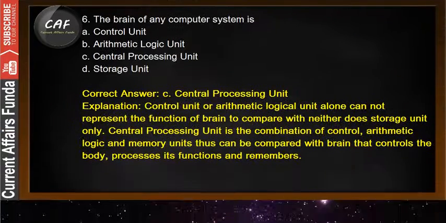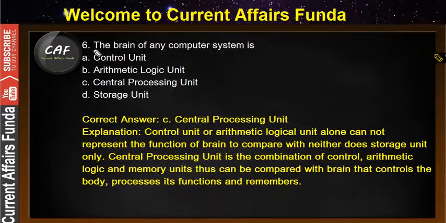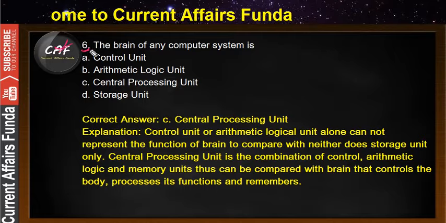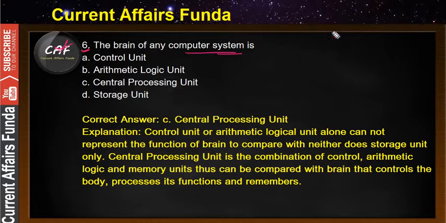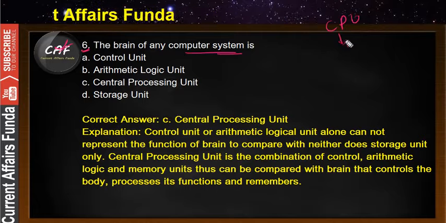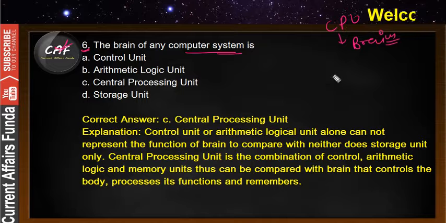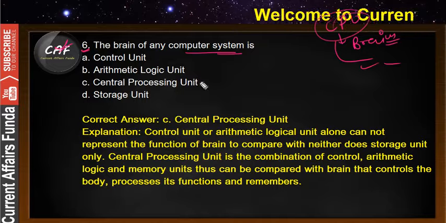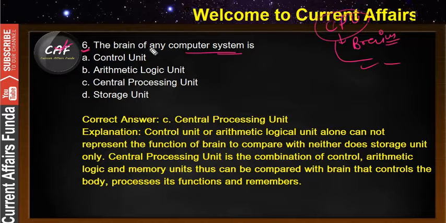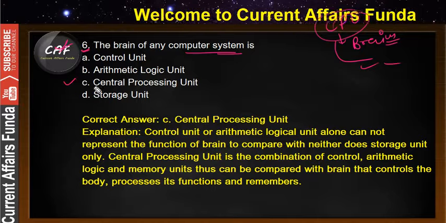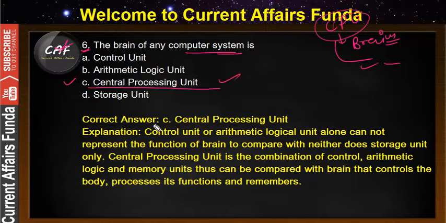Problem number 6 here. In problem number 6, the brain of any computer system is the CPU; it is called the brain of a computer. Motherboard is not the brain of a computer system. The brain of a computer system will be option C, that is central processing unit.